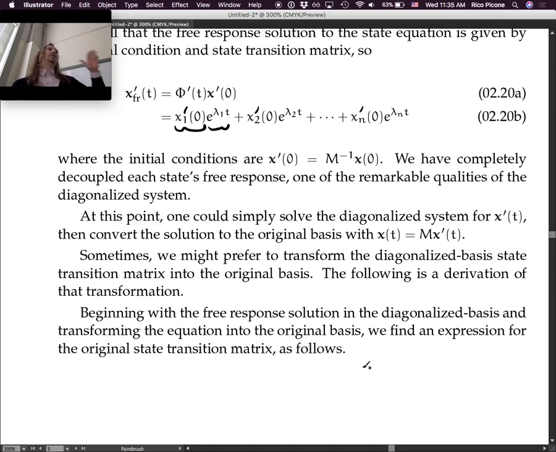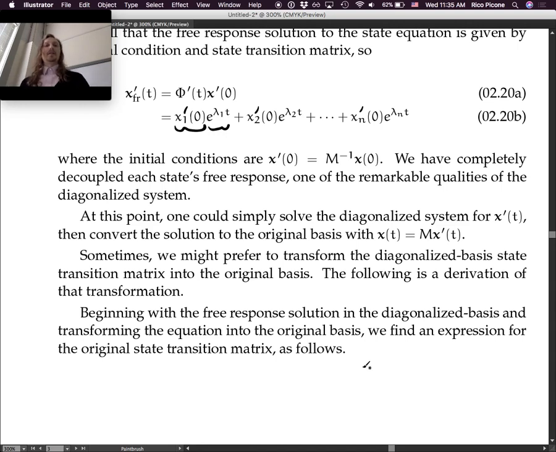So instead of actually going down in there to do everything in the primed diagonal system, solving everything down there, we're just going to dip down there and grab out the state transition matrix and then bring it up to our original basis. So sometimes I prefer to transform the diagonalized basis state transition matrix into the original basis.